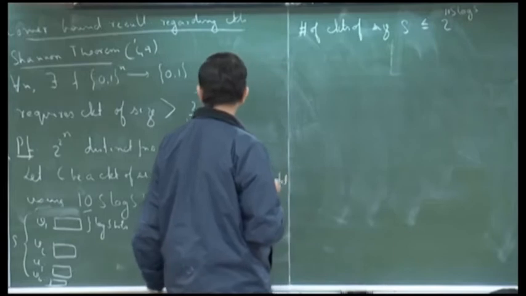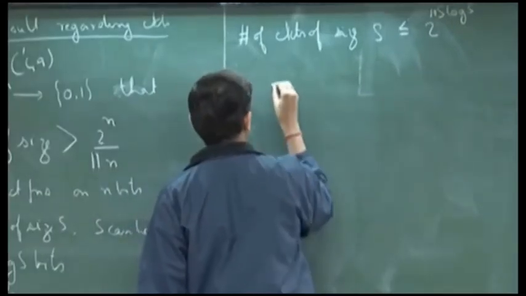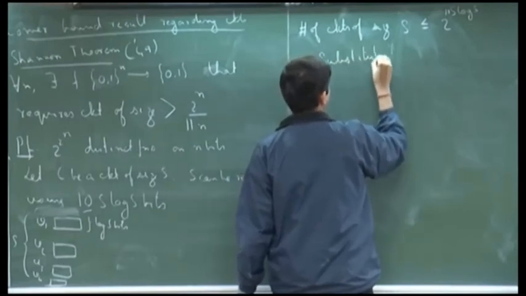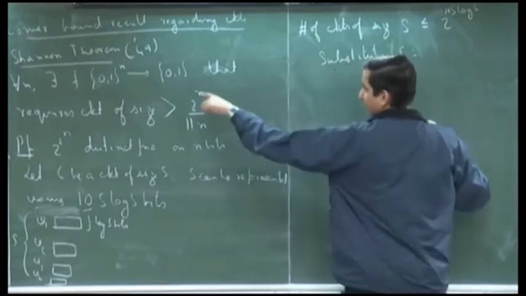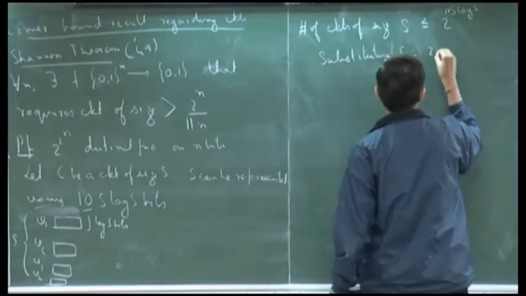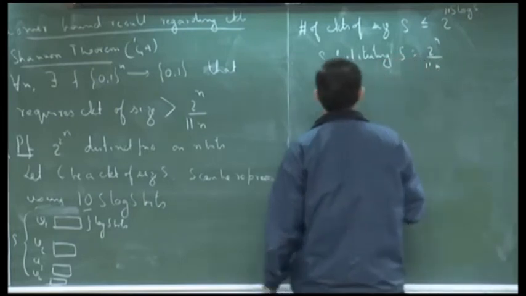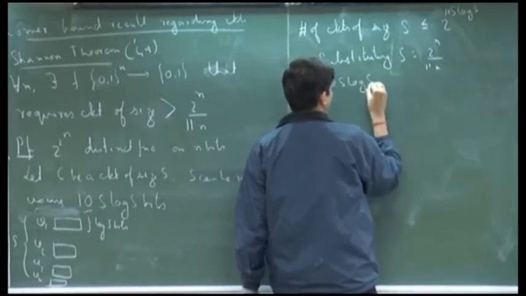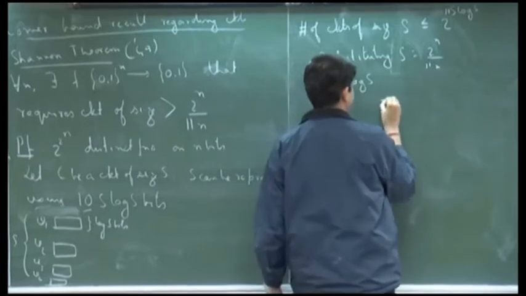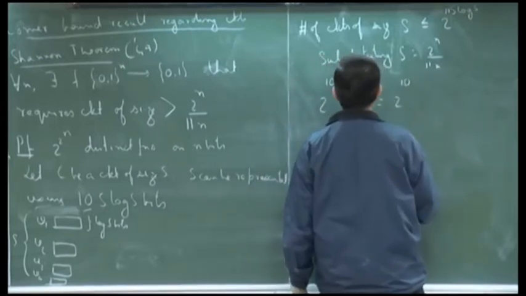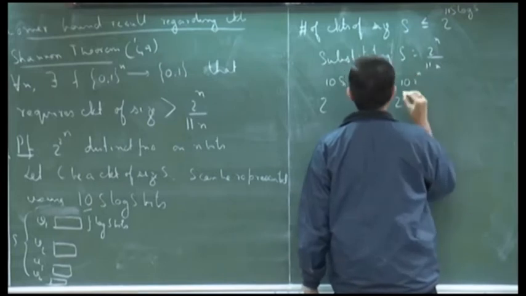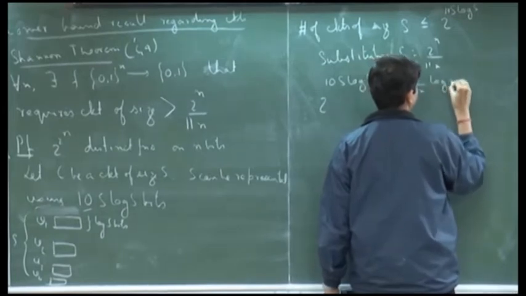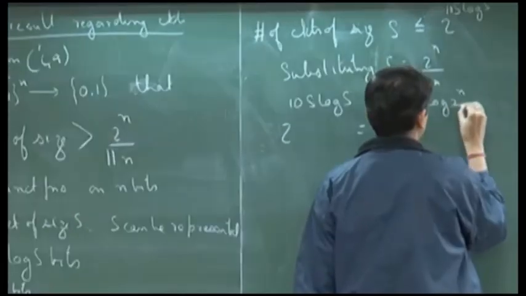Therefore, if I substitute the value of s, substituting s equals the size that we picked, 2 to the power n by 11n, 2 to the power 10 s log s is equal to 2 to the power 10 times 2 to the power n by 11n times log of 2 to the power n by 11n.